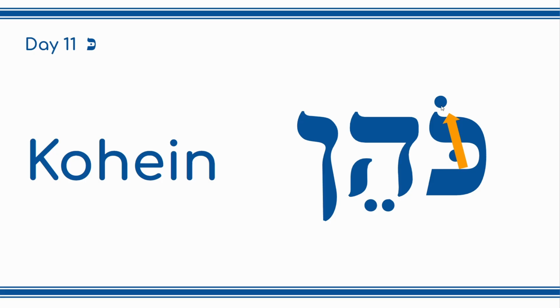And then we're going to look to the next letter, which is the letter hey. You should know this letter. This is a letter you have learned before. And it has a gap here, so it makes an h sound like the letter H, which is why there's an H here. And then we're going to look down, and we see two dots here. These two dots are called tsere, and this vowel makes an A sound.